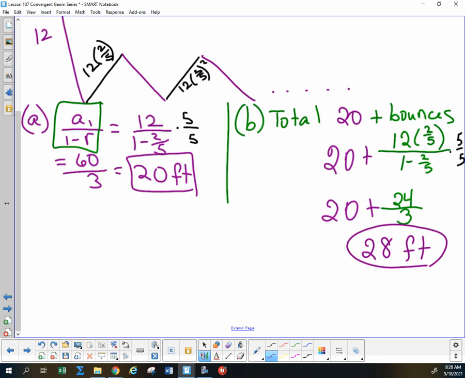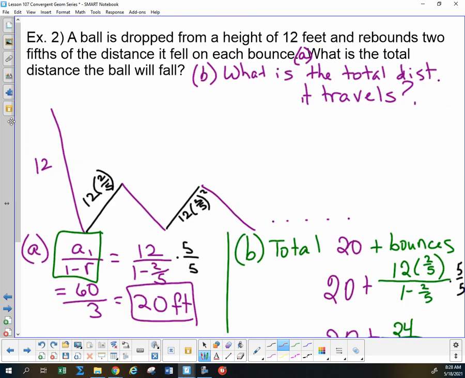But I love that Luca observed the shorter, easier way is the downs and the bounces up all match up except for the very first drop. So the drops have this extra 12 in there to begin with.